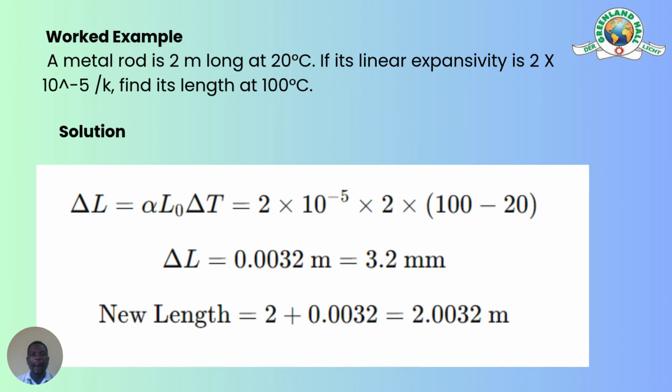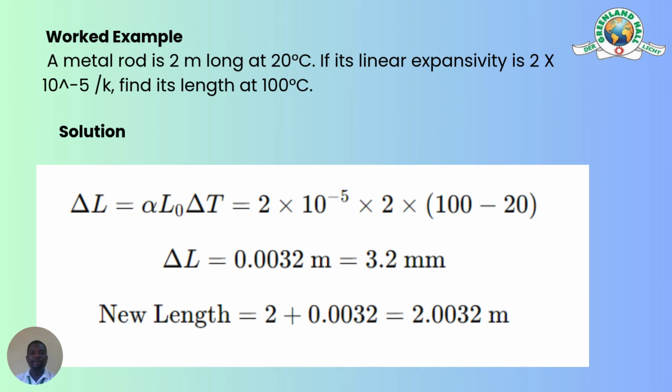We use our formula. This formula can be modified to suit whatever we need it for. If you are to find the second length, because what we are asked for is the change in length, you can find the change in length, then you find the new length.